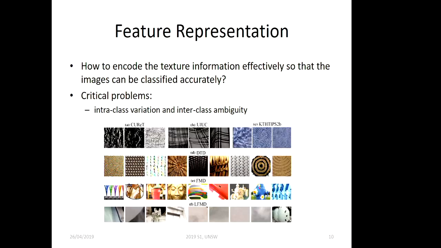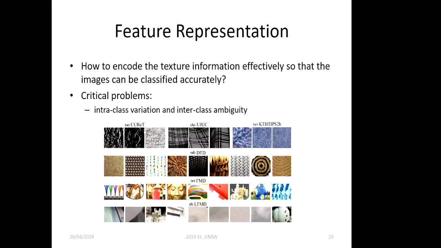So just to show you how difficult this problem is, here are some example images from different datasets. The idea here is we want to show you the images. They can look very similar across different classes, and within the same class, they can actually look very different.